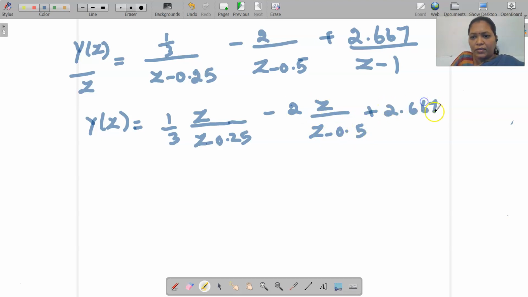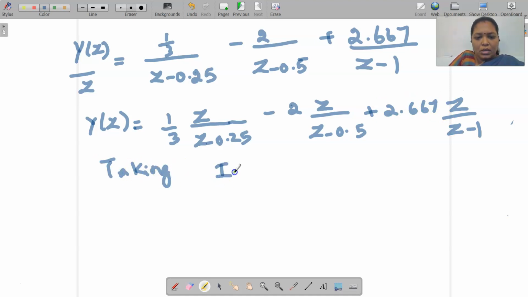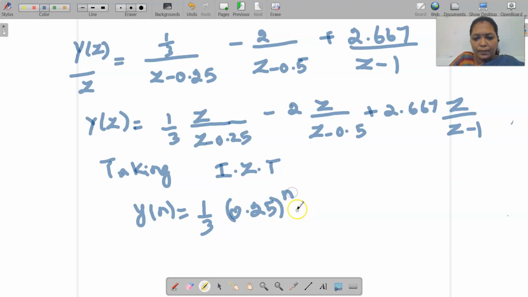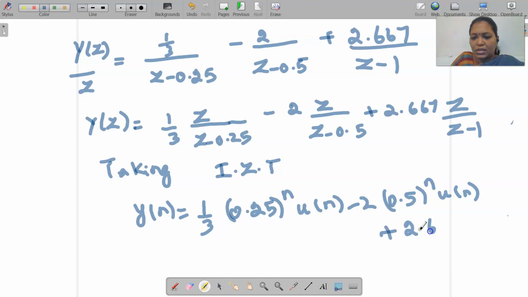So now apply inverse z transform on both sides. Y of z becomes y of n. Here we have 1 by 3. So the inverse z transform of z by z minus 0.25 is 0.25 the whole power n u of n, minus 2 z by z minus 0.5 means 0.5 the whole power n u of n, plus 2.667 z by z minus 1 is nothing but u of n.